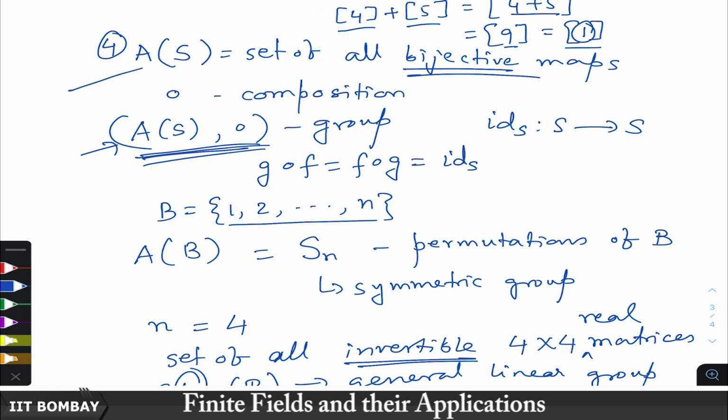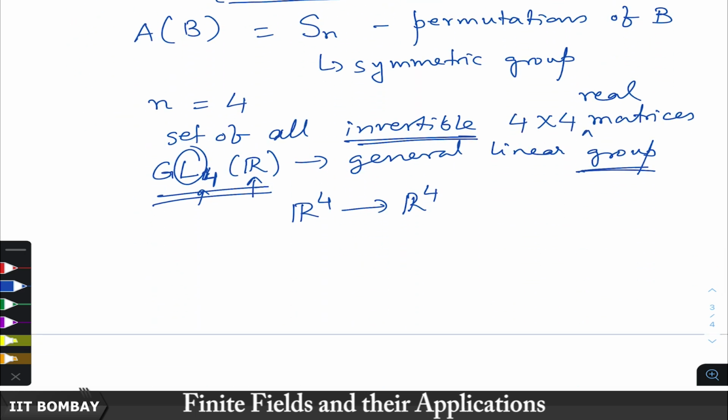Now, as we have also noted in a previous class, this is a non-commutative group. Okay.